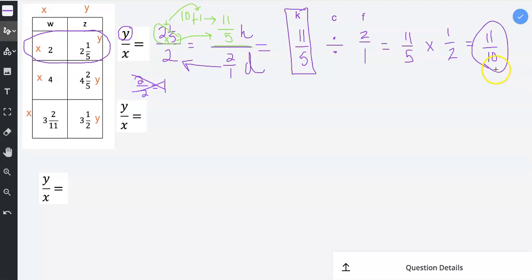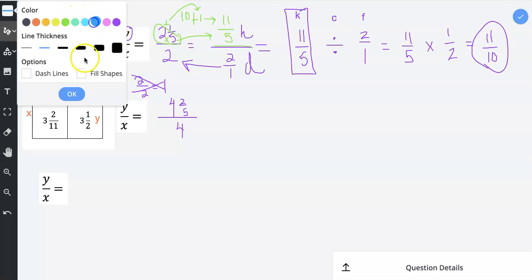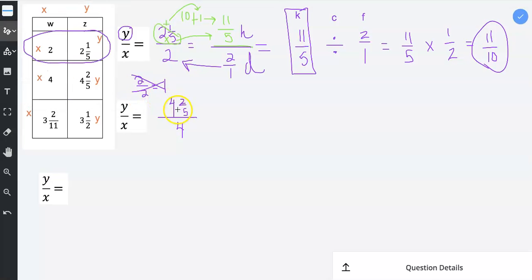So the unit rate was 11/10 when I used the first point. Alright, for the second point, the Y value is 4 2/5, that goes in the numerator, and the X value is 4. Step 1 is to change this mixed number to a fraction, so I multiply the 4 by the 5, and I get 20. And then I add the numerator 2, and that gives me a new numerator of 22.